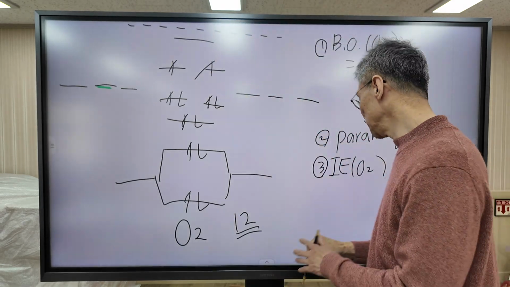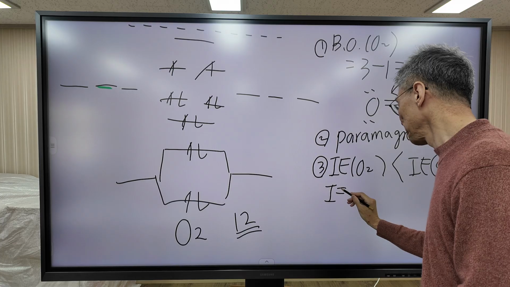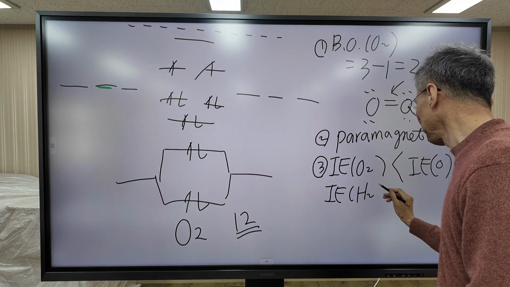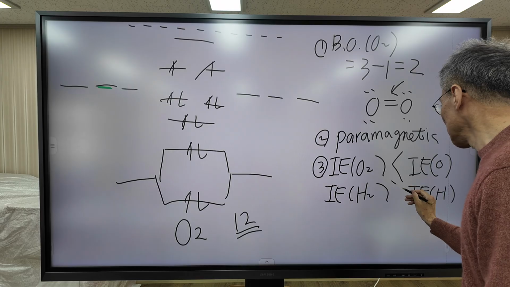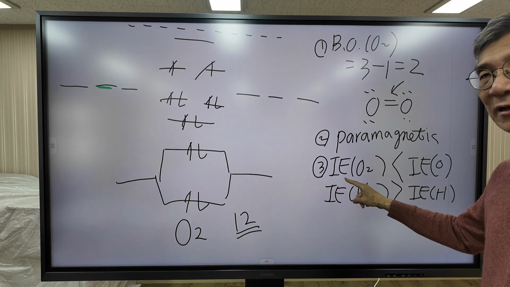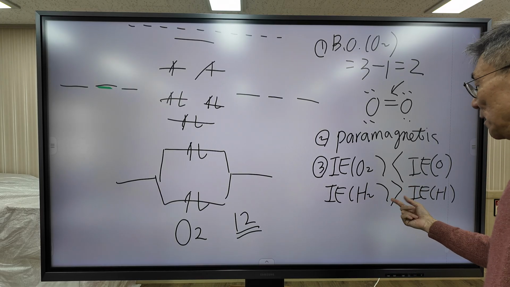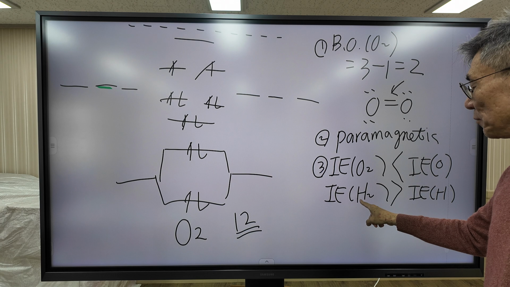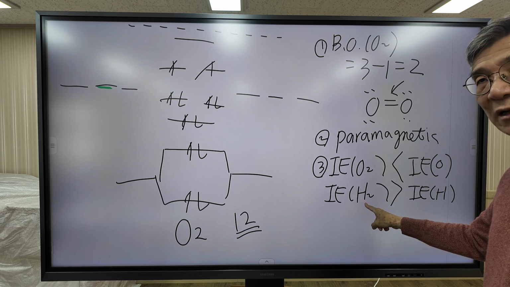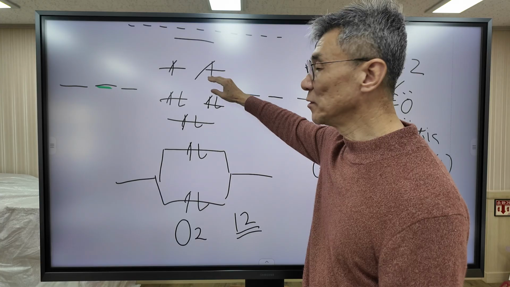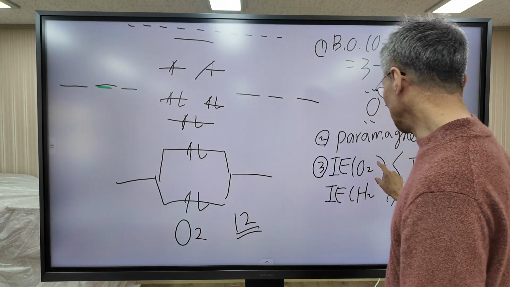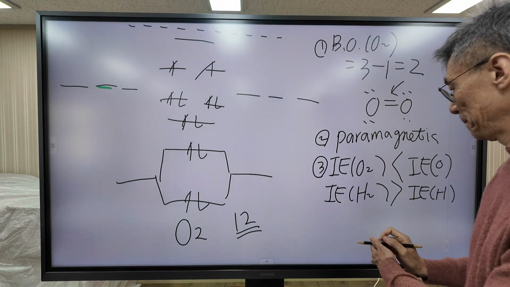In the hydrogen case, do you remember? Molecular ionization energy is larger than the atomic. Why? In that case, an electron in the bonding orbital is removed. But in this case, an electron in the anti-bonding orbital is removed. So it is reversed. Okay.